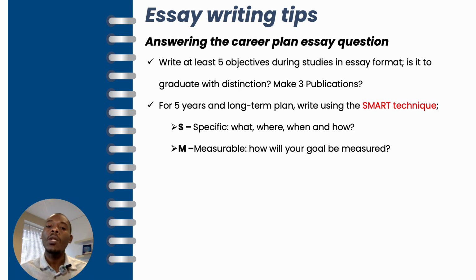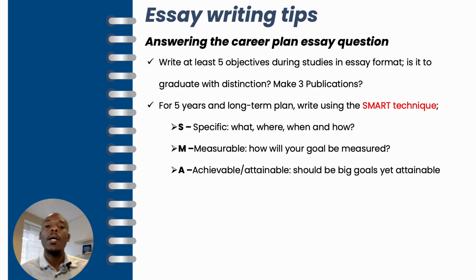Whatever you are planning to do should be able to be measured. And that's why the previous question was asking you how your goals are going to be measured. So you need to clearly demonstrate how they will be measurable. The other thing is that as you are explaining your 5-year plan or your long-term plan, it should be achievable or attainable.